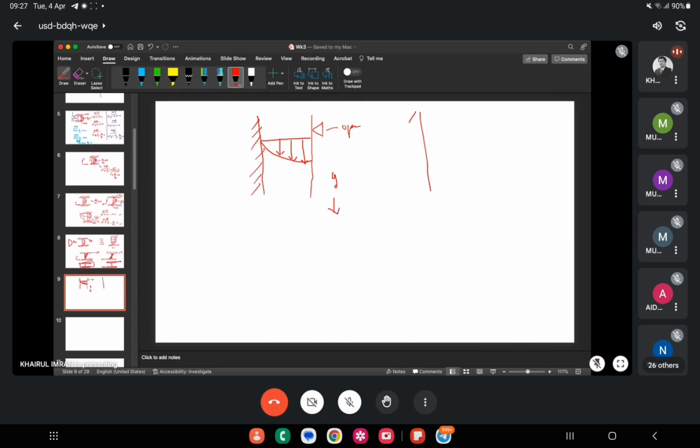Next, we have a fixed plate. Okay, a fixed plate also. Fixed plate. And then fixed plate.